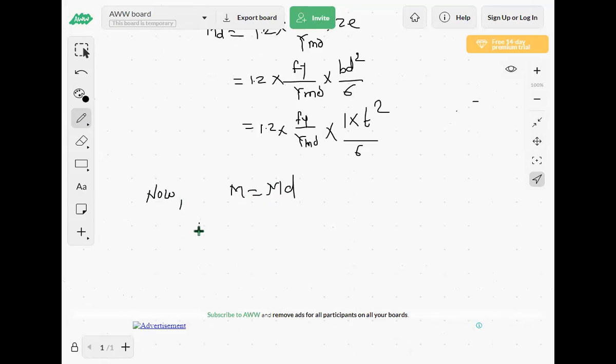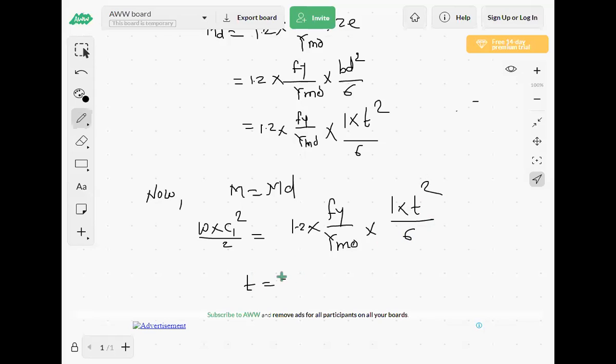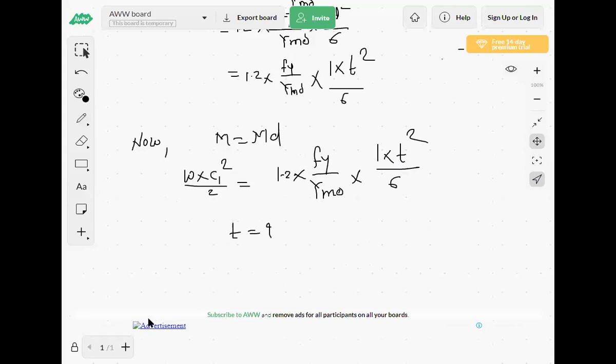So M is omega into C1 square divided by 2, is equal to 1.2 into Fy divided by gamma m naught into 1 into T square divided by 6. Now you can calculate the thickness of the base plate by using this formula, equating the moment to the moment of resistance.